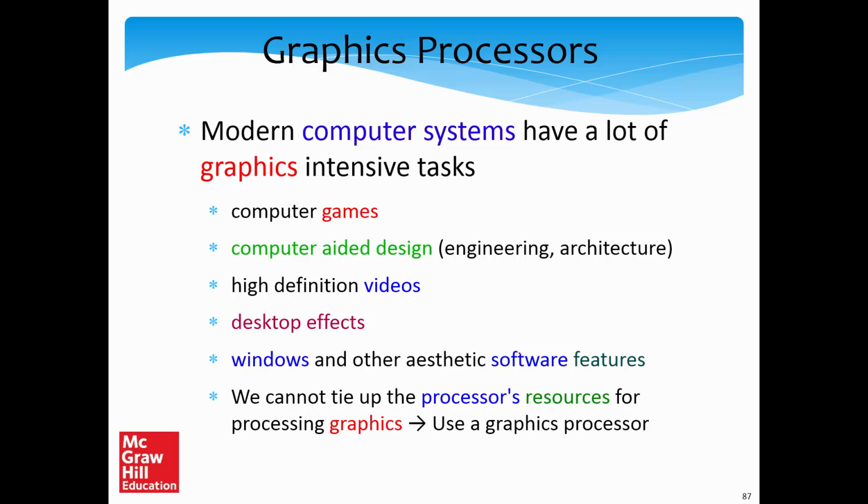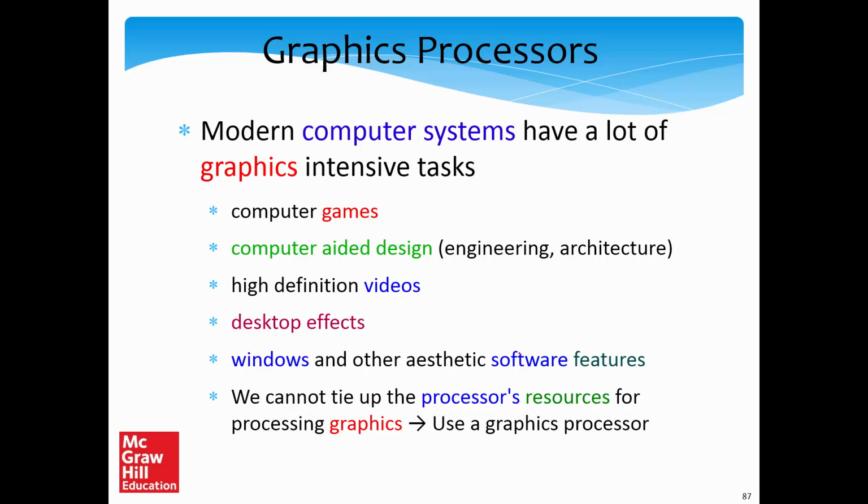Modern computer systems have a lot of graphics intensive tasks. These are computer games, computer aided design, particularly in engineering and architecture, high definition videos, and then desktop effects. You would have seen, especially on Mac processors, that if you click a button, icons suddenly enlarge. There are a lot of very glitzy features on a desktop itself, and all of these happen with the help of graphics processors.